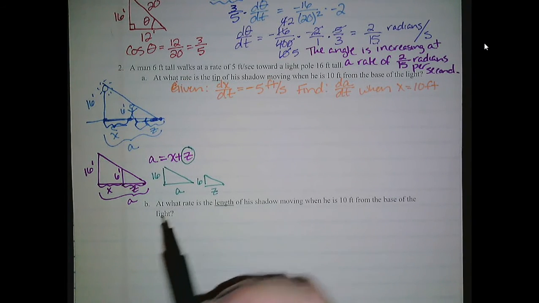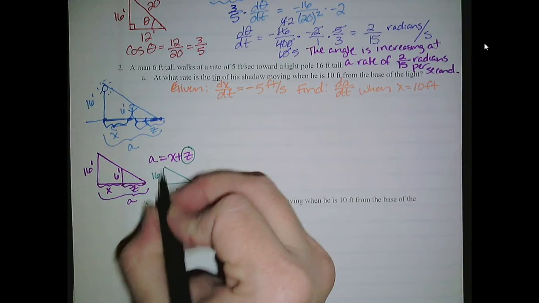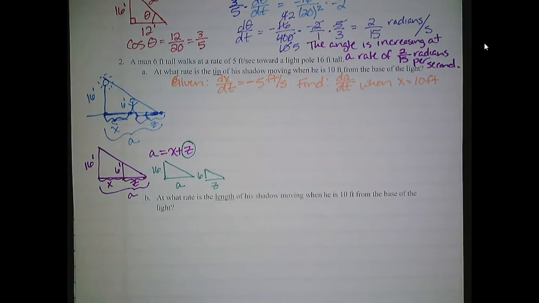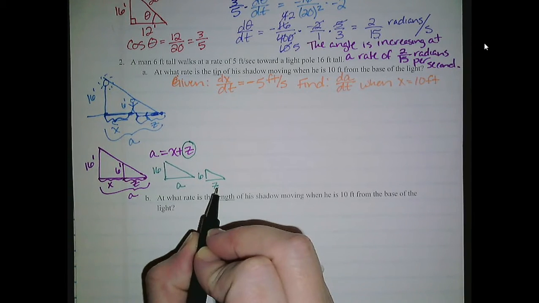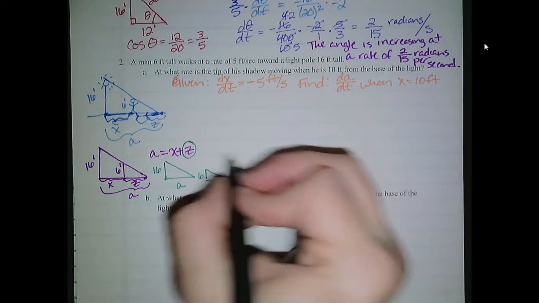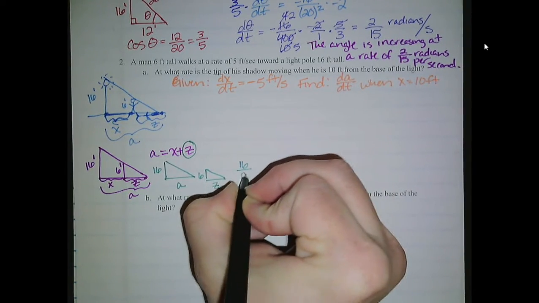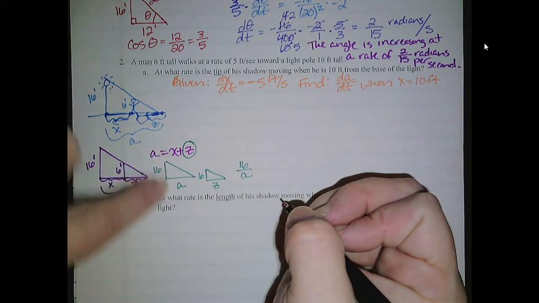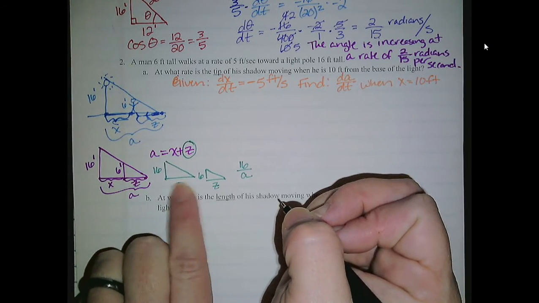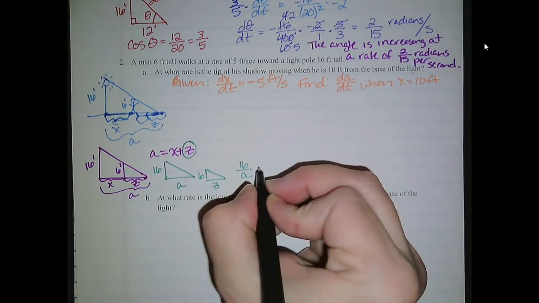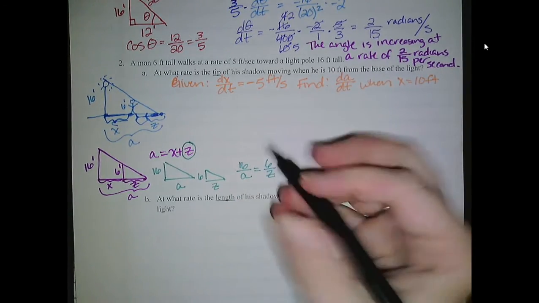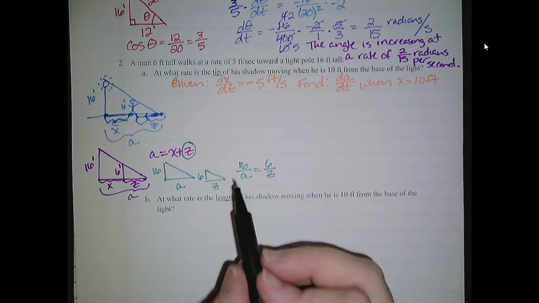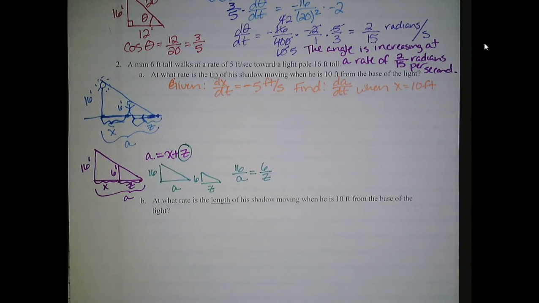I know that the height and the base on this are going to be proportionate to the height and the base on this. So I said that 16 over a, the height of our big triangle over the base of our big triangle, is proportionate to 6 over z, the height of our little triangle and the base of our little triangle.